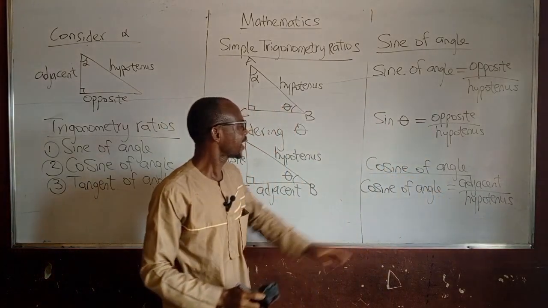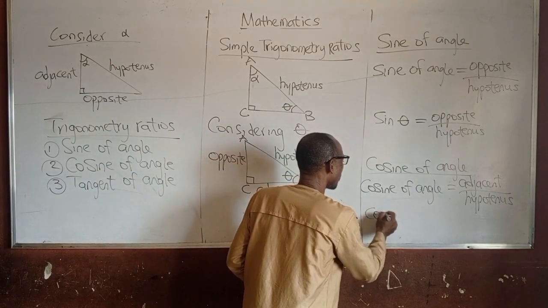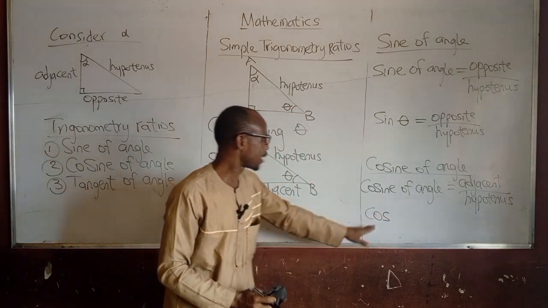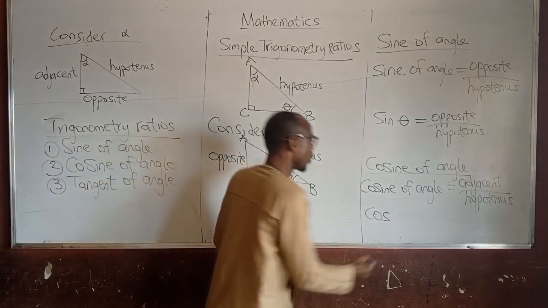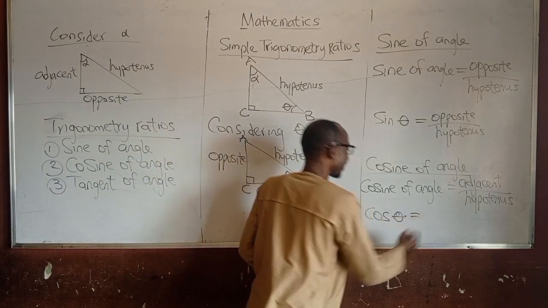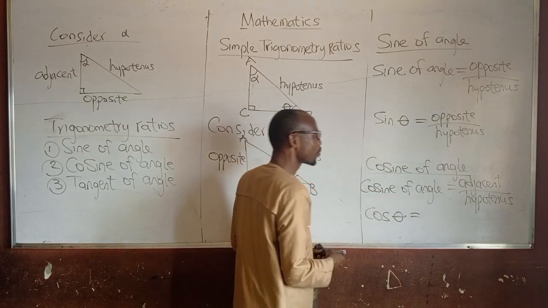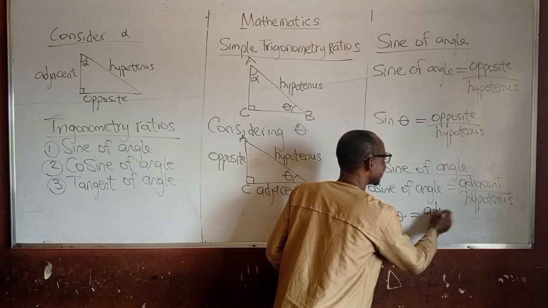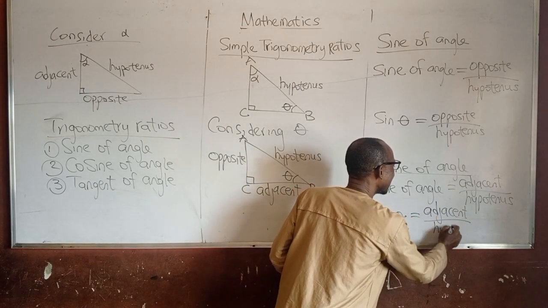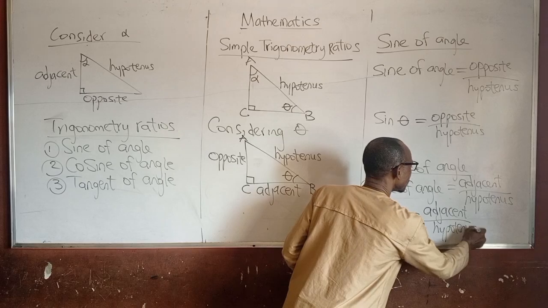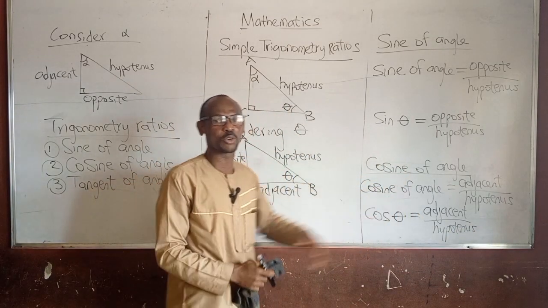So you see now say cosine na adjacent, and we dey use short form cos. So anytime you see cos means cosine. We can use cos theta. Theta here stands for the angle. We say it's adjacent over hypotenuse. That's how we get cosine of angle.